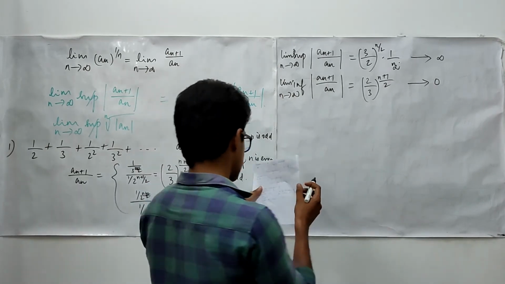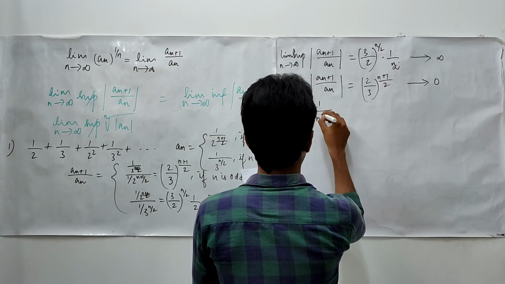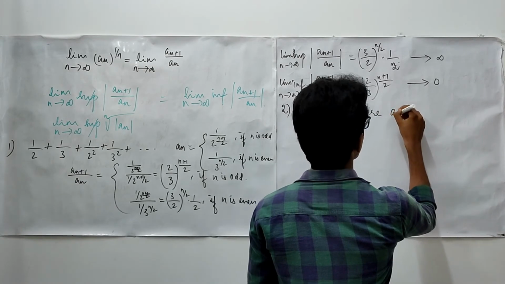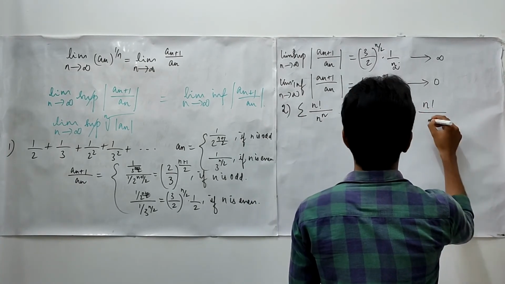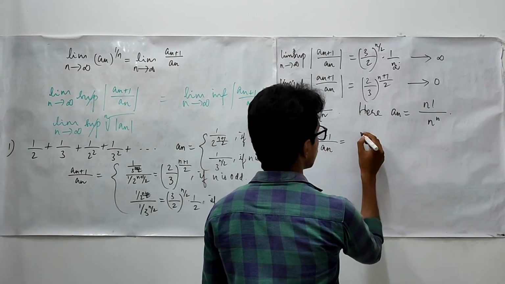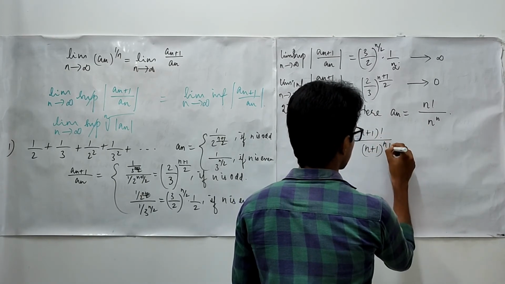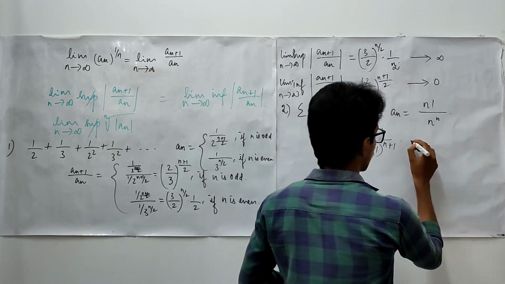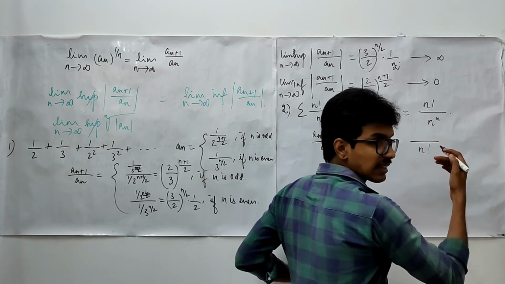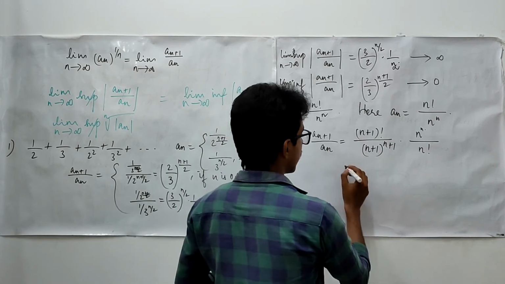Right? Now let us examine the convergence of the series summation n factorial upon n power n. Here, what is the general term an? It is n factorial upon n power n. So an plus 1 upon an is going to be what? n plus 1 factorial upon n plus 1 to the power n plus 1, and an is n factorial upon n power n, so it is the denominator to the denominator, hence I am writing it in the numerator.